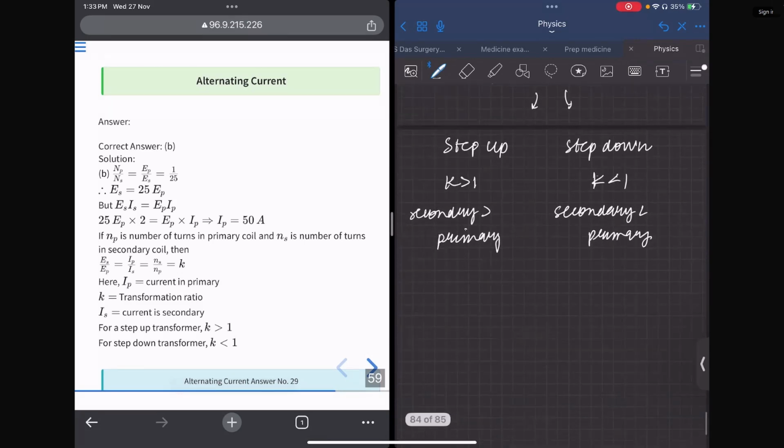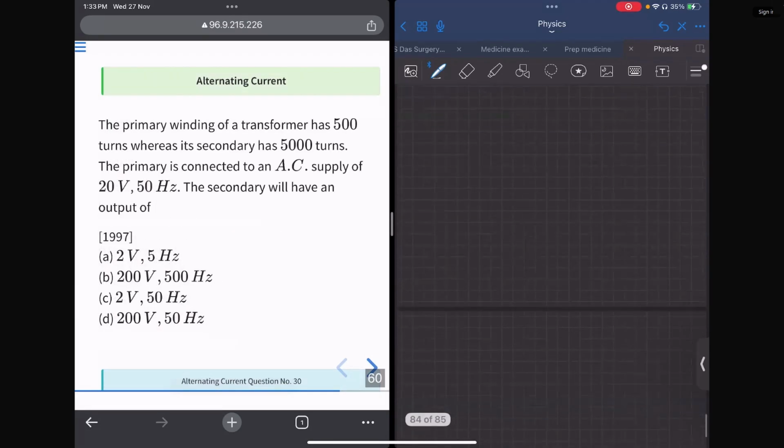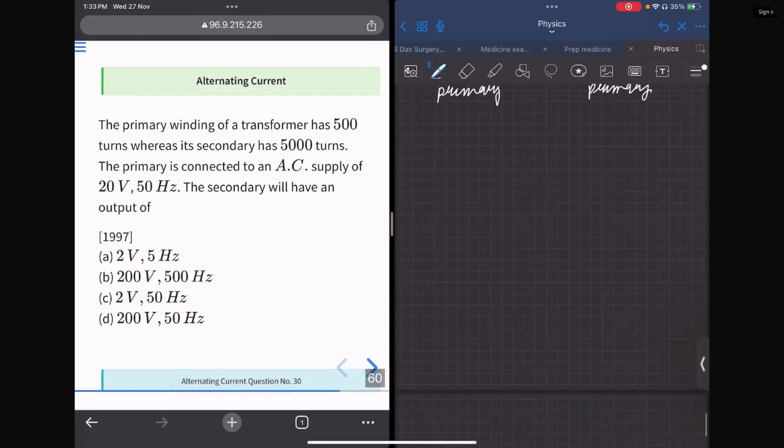So moving on to the next one, question number 30. The primary winding of a transformer has 500 turns, whereas secondary has 5,000 turns. So NP is equal to 500 and NS is equal to 5,000.